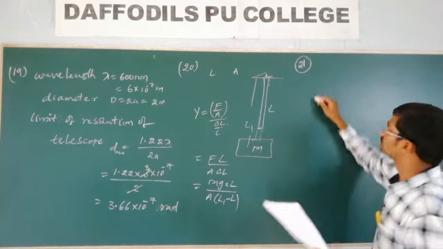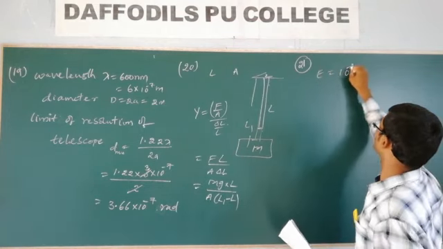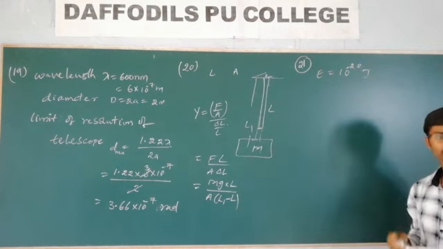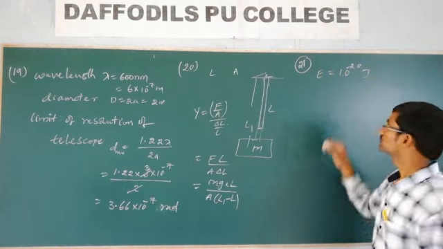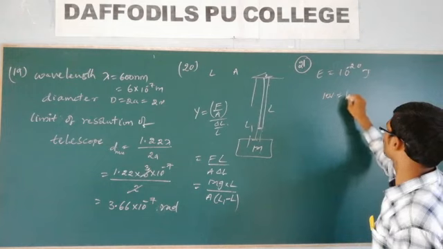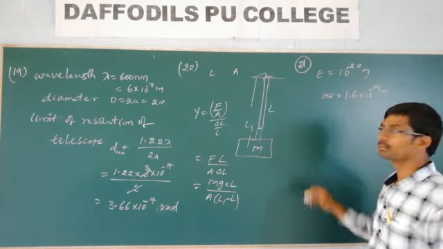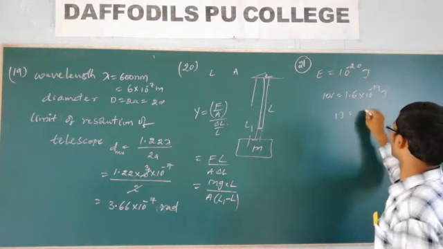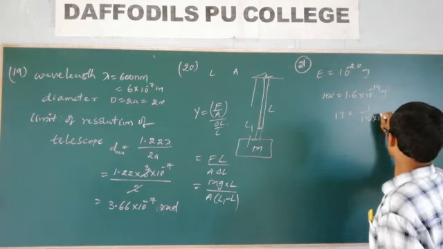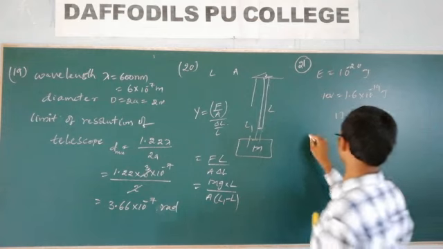The energy required to break one bond in DNA is 10 power minus 20 joule. This value in electron volt is nearly. Energy required. So energy is equal to 10 power minus 20 joule. But you need to find this answer in electron volt.